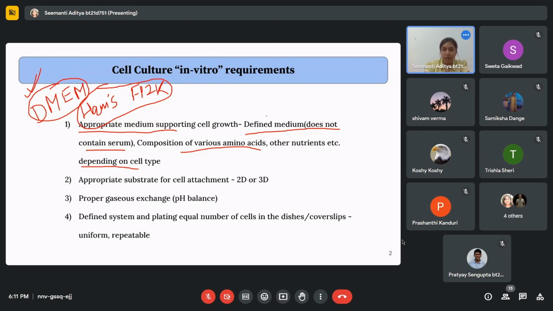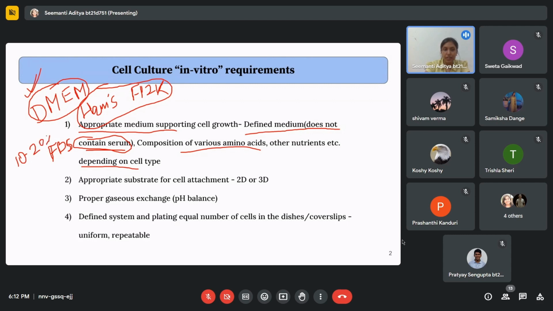But generally, the cells that we grow in our lab, we grow in the presence of serum, and we should not exceed the serum concentration. We basically use fetal bovine serum, known as FBS. Fetal bovine serum is from the calf of cows. This fetal bovine serum should be approximately 10 to 20%, and should not exceed more than 20% of your composition of the media.